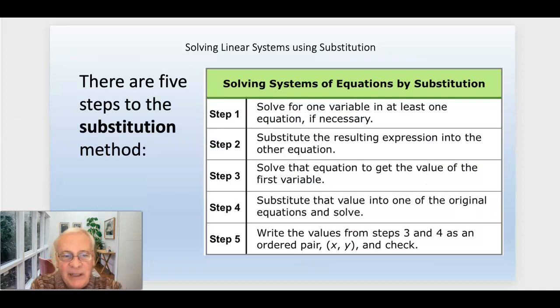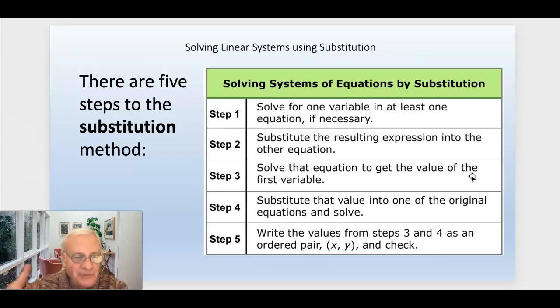Again, there are 5 steps to substitution. I'm just going to go over them quickly. You solve for one variable in at least one of the equations. If you need to, it might already be there. Then substitute that resulting expression into the other equation for the variable that you've isolated. Then solve this new equation to get the value of the one variable in it.